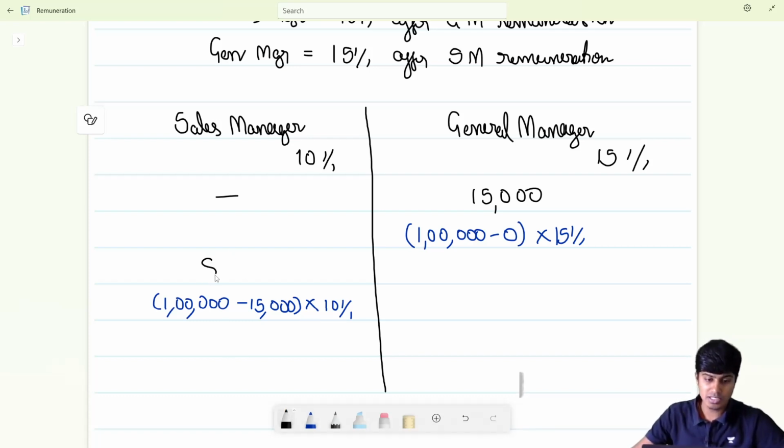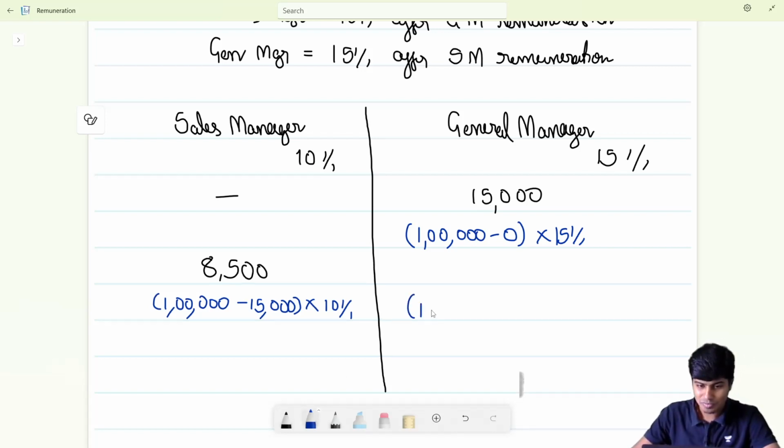So the sales manager's remuneration of 0 that we assumed is not correct. It's actually 8,500. If the sales manager's remuneration was 0, then the general manager's remuneration was 15,000. Because the sales manager's remuneration has changed to 8,500, the general manager's remuneration will no longer be 15,000. It's going to change. How much is it going to be?